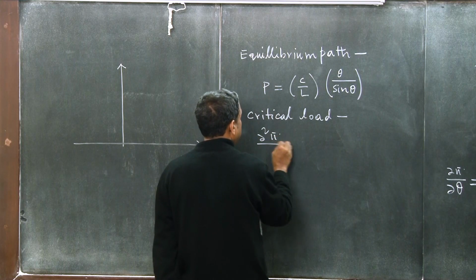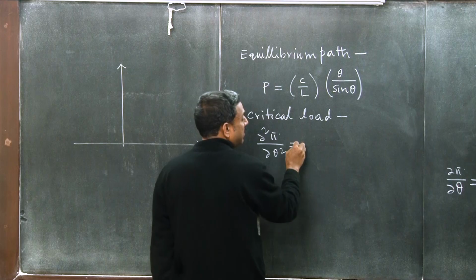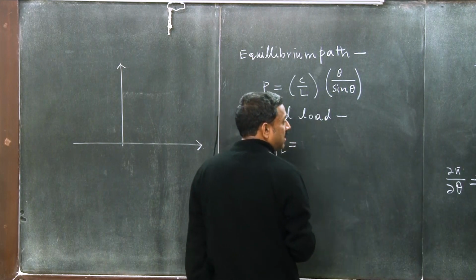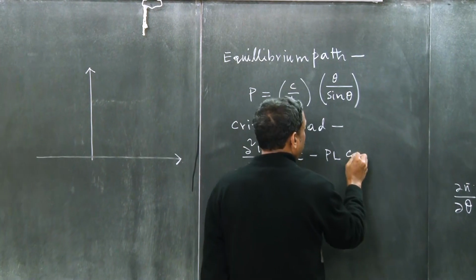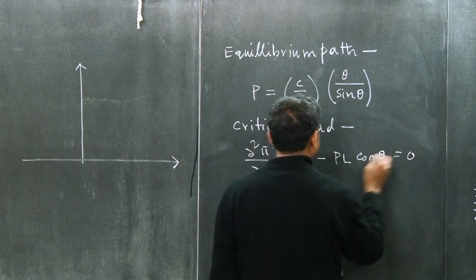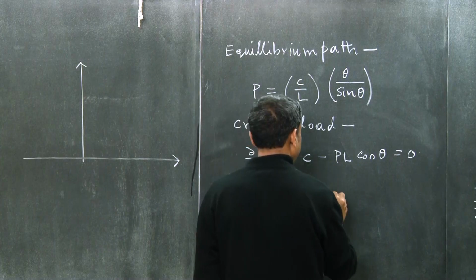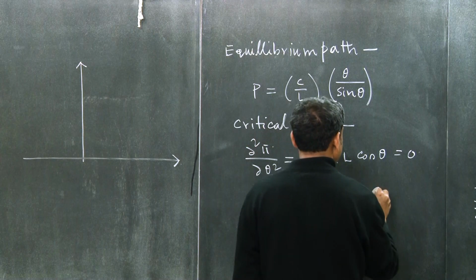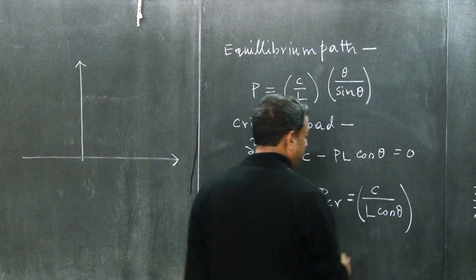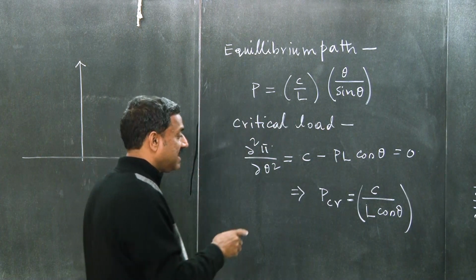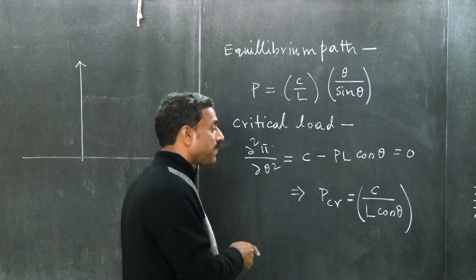Del 2 pi del theta 2 is how much? C minus C L cosine theta must be equal to 0. So, P critical is nothing but C divided by L cosine theta. So, C by L 1 by cos theta, right. This is the critical load, clear?